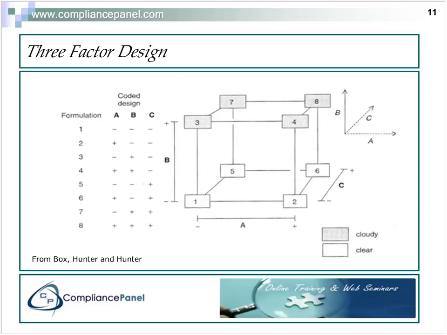If I did 1, 4, 5, and 8, would that work? If you look at those 4 runs, they will give you 2 highs and 2 lows for each of them. That means that 2, 3, 6, 7 would also give you 4 runs. So those are the 2 sets of 4 runs that are orthogonal for this particular 3-factor design.